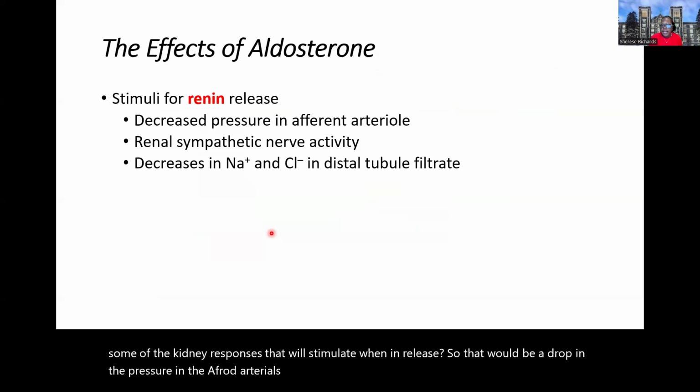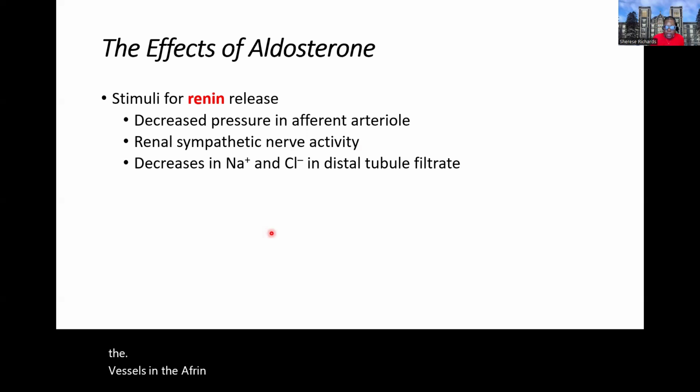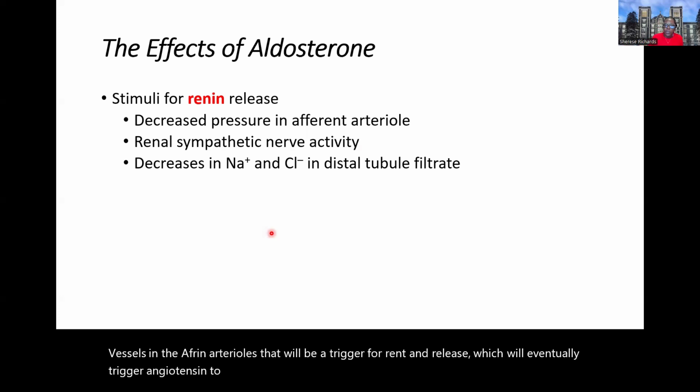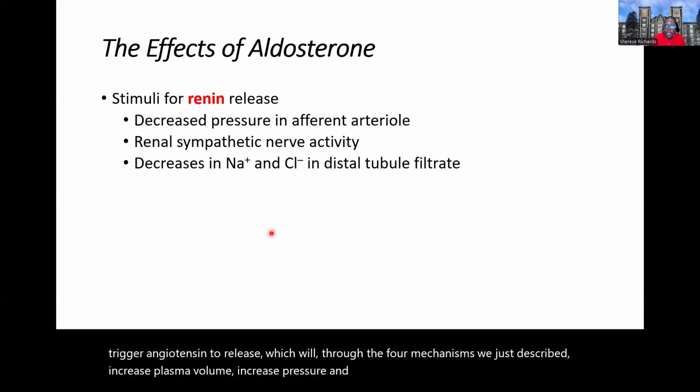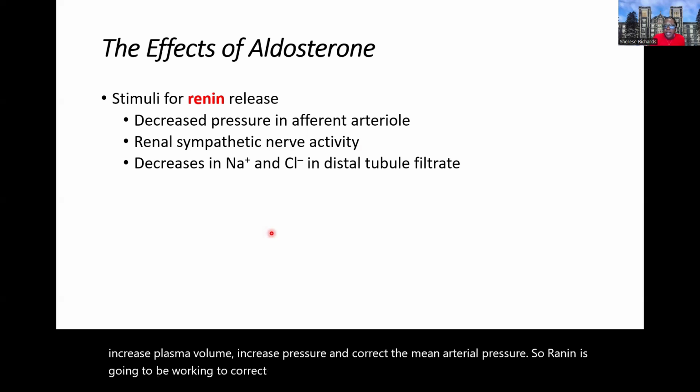If the kidneys detect that there's less pressure coming in the afferent arterioles, that will be a trigger for renin release, which will eventually trigger angiotensin 2 release, which will, through the four mechanisms we just described, increase plasma volume, increase pressure, and correct the mean arterial pressure. So renin is working to correct that mean arterial pressure way downstream.